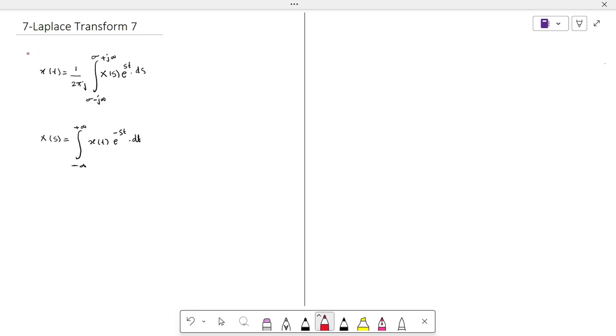So these are the formulas. These are very, very important.